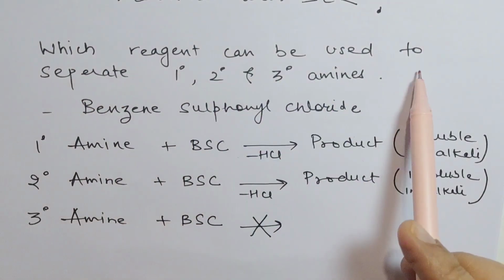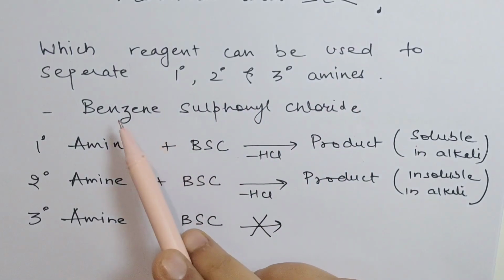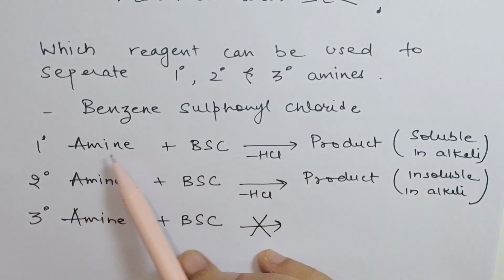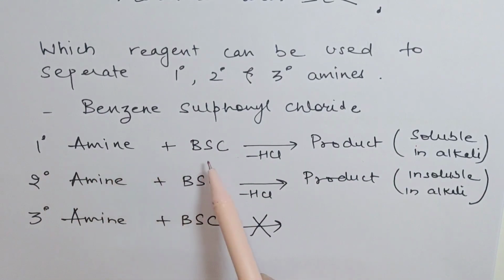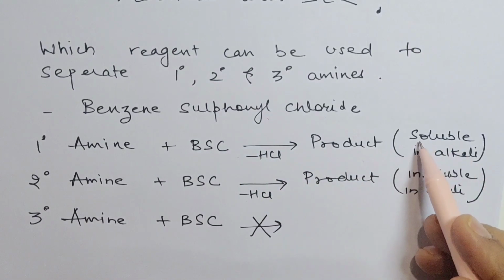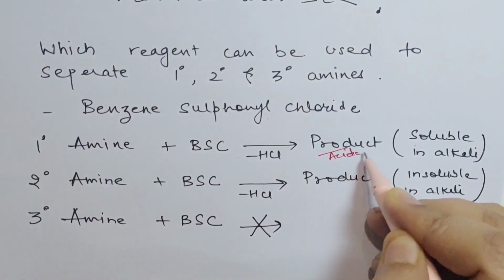Which reagent can be used to separate primary, secondary, and tertiary amines? The short answer is benzene sulfonyl chloride. I'm not writing the whole equation here, but know just this, that primary amines, when they react with benzene sulfonyl chloride, form a product which is soluble in alkali because the product has a very acidic proton.